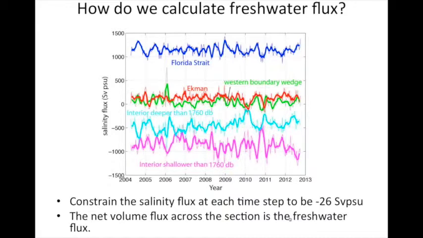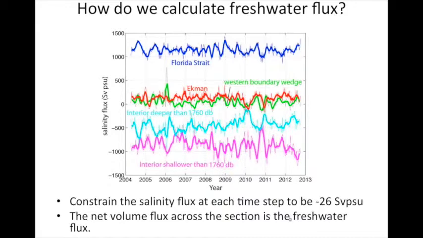The other components are smaller, largely because there's much less transport associated with them. The Florida Strait is largely compensated by the interior shallower than 1760, so that's the recirculation, and also the interior deeper than 1760.